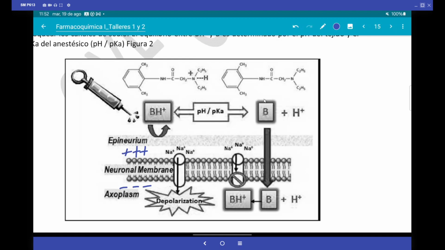Well, the local anesthetic enters the neuron, and inside it joins the sodium channels with positive charge, blocking the entry of sodium cations. Then the problem is that it has to enter to be able to have an effect. It cannot join the channel from outside, so it does not work. It has to join inside. The question is how it enters, if it has a good charge, because since it is a tertiary amine, here there is a balance.